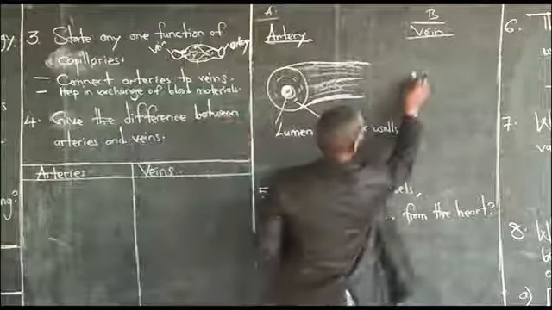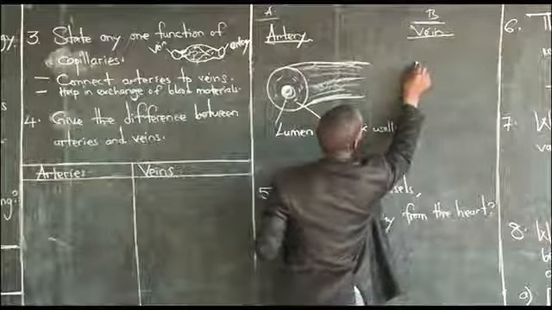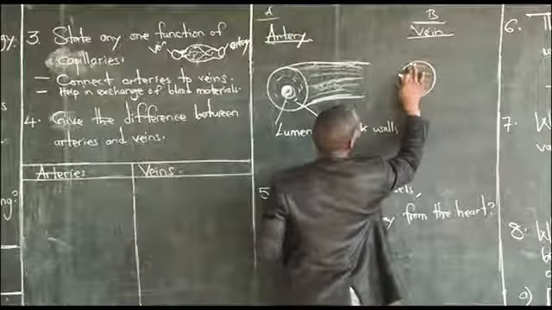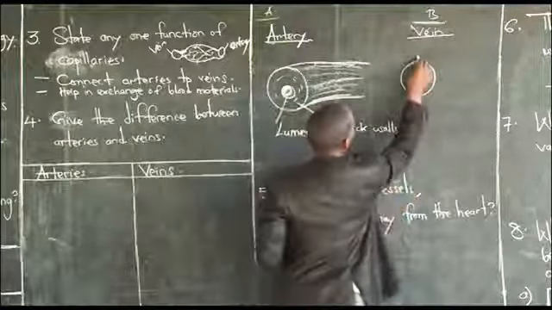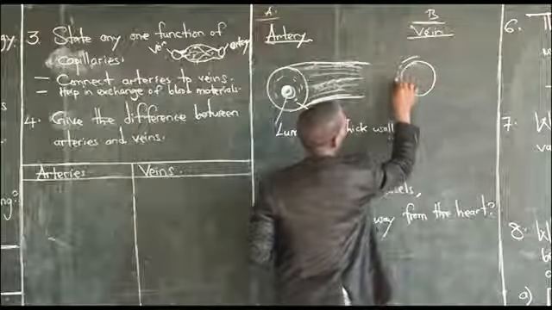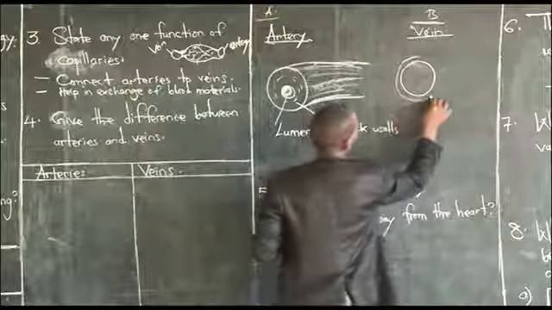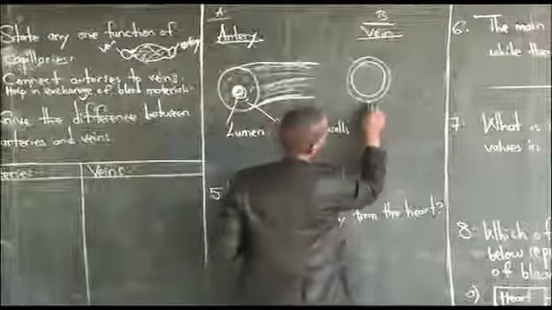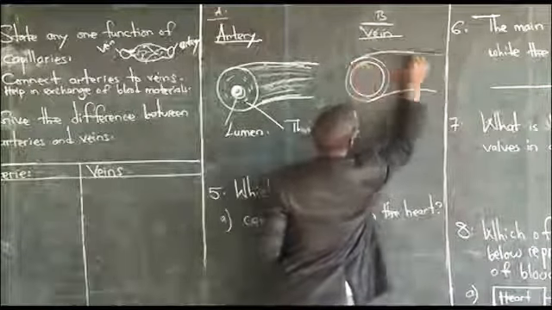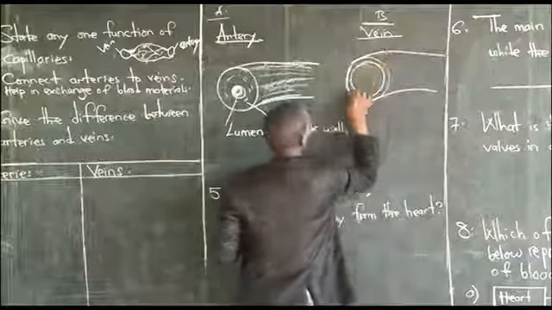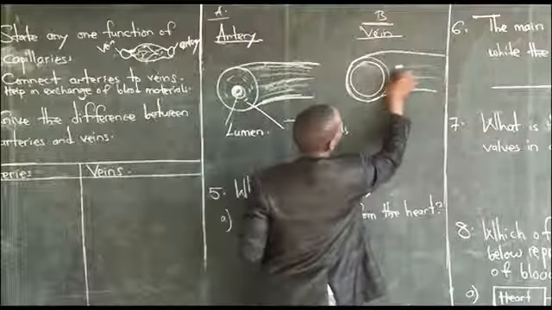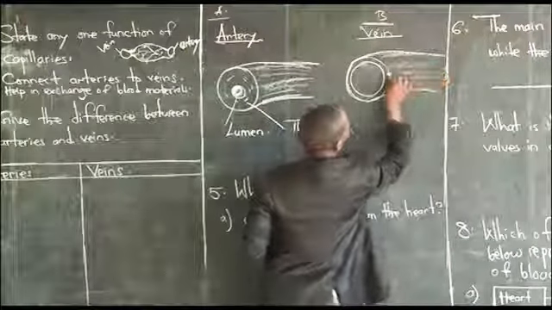So if you draw the inner part showing the lumen, you see it's wide. And then the walls are thin, so thin walls. If you compare this, you can simply represent a vein. So this can be the flow of blood.